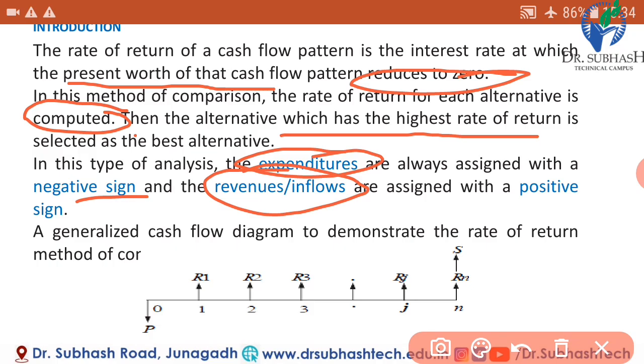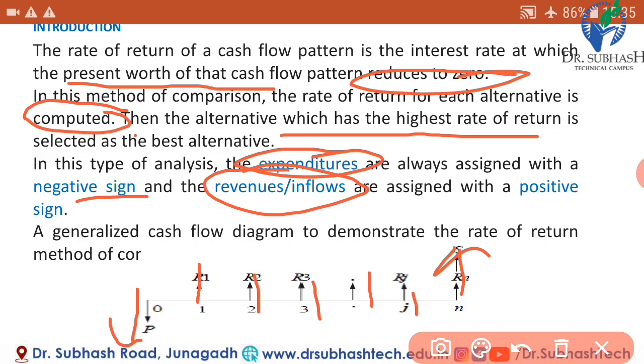A generalized cash flow diagram to demonstrate the rate of return method of comparison is given here. Here we can see the principal amount P, then every year there is a return R1, R2, R3 up to Rj, and there is some amount at last.